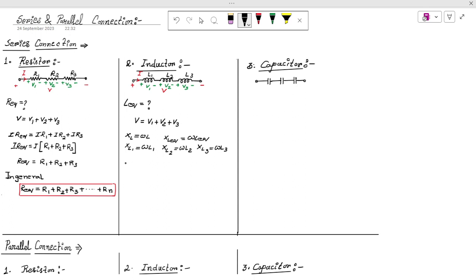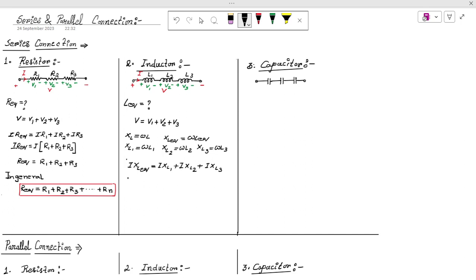Now V equal to, write in this way, I into XL equivalent equal to I into XL1 plus I into XL2 plus I into XL3.